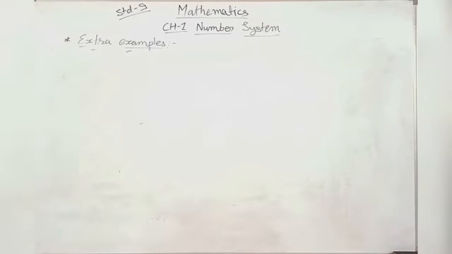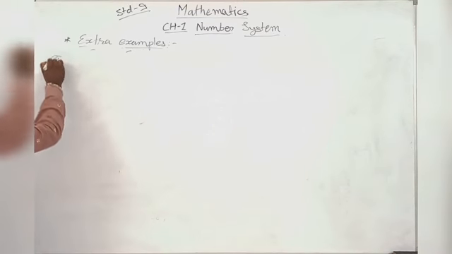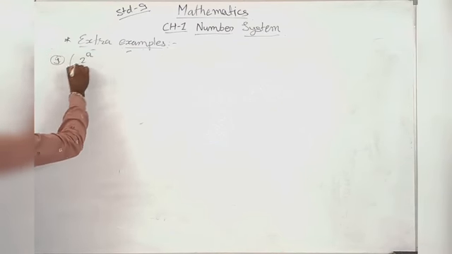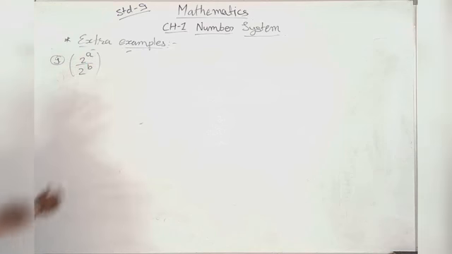Here next one, question 9 is 2 raised to a divided by 2 raised to b, all raised to the bracket a plus b.